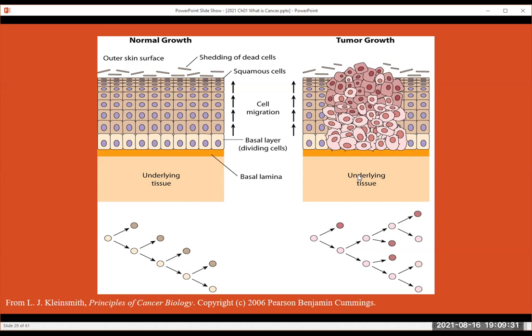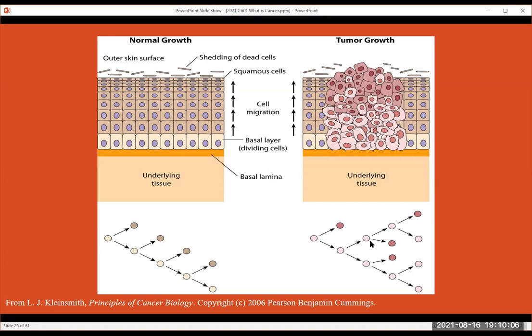Now let's look at tumor growth within the epidermal layer, right? So we have our basal cells at the bottom and our squamous cells again right here. But what's happening here? We have some abnormal cell growth. Here we have the basal cell. It produces a new cell that goes to the squamous layer, and then the other one stays in the basal layer. But let's say that we have a basal cell that goes wonky and it reproduces and makes 2 cells.